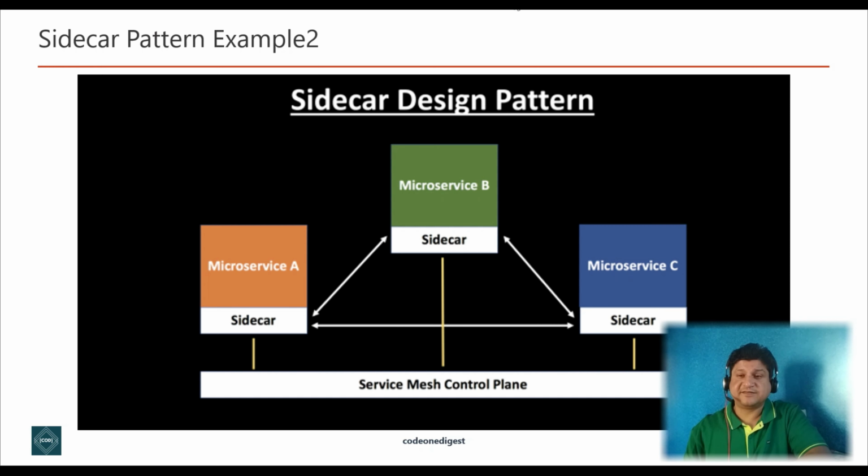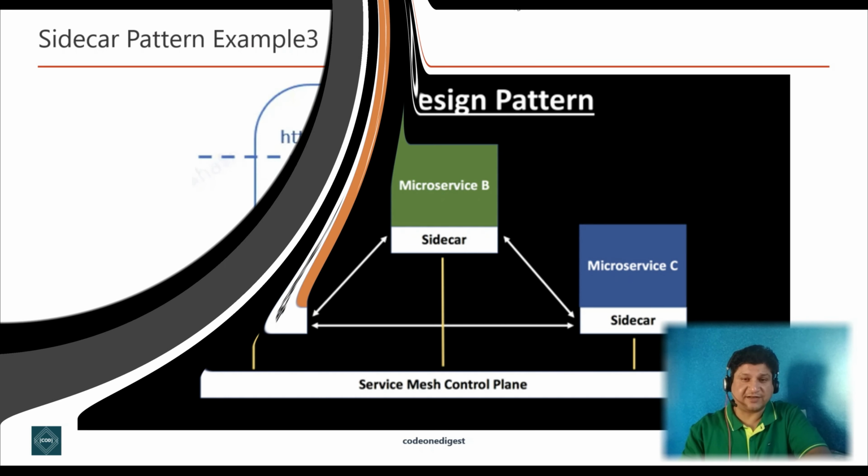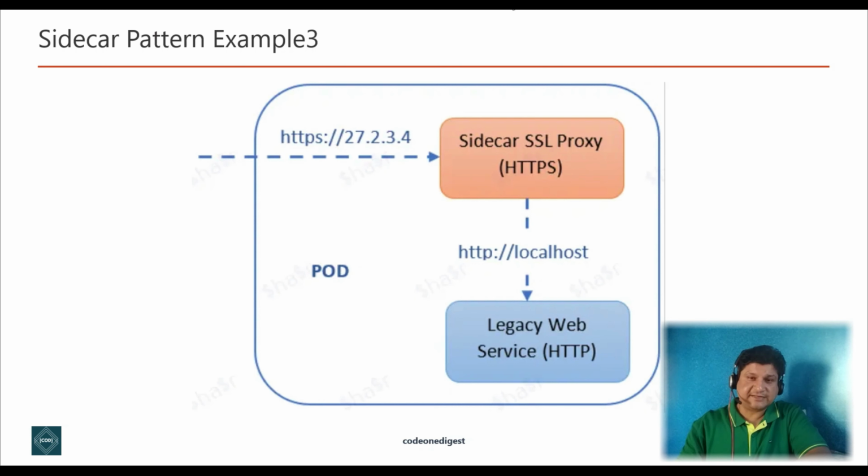In a sense, the service is not aware of the network and knows only about the attached sidecar proxy. This is really a sense of how the sidecar pattern works. It abstracts away the network dependency to a sidecar. Let's see another example of the sidecar design pattern where we have a legacy service missing HTTPS support.